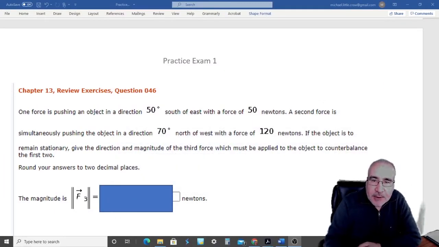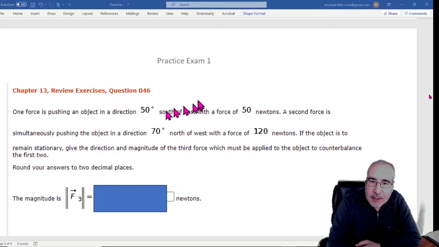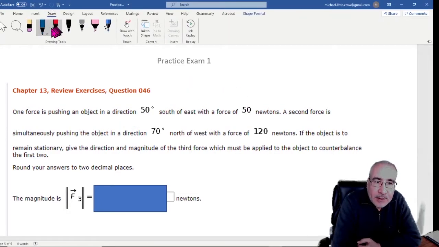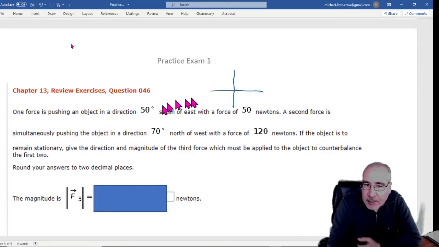So first of all, we're going to set up an xy coordinate system. Okay, so let's put the object, and we'll draw the vectors from 0. We could do them anywhere, but let's just draw them from here.